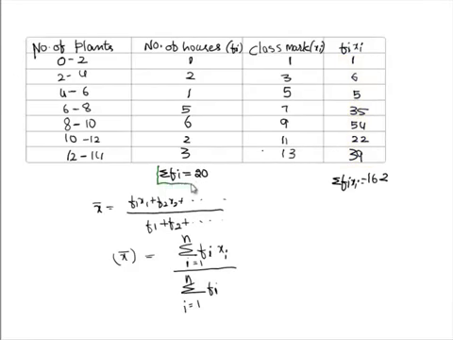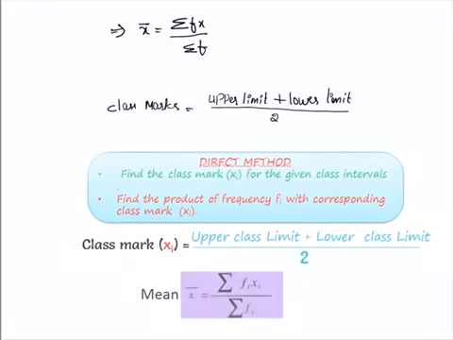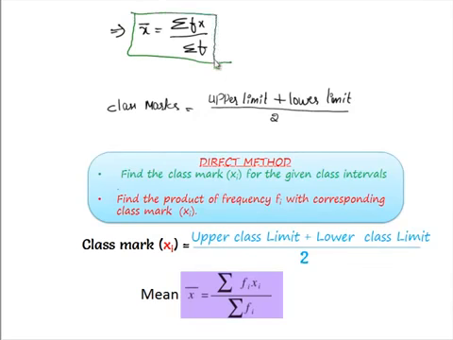Here, as we have the values of sigma fi and sigma fi xi, we shall know the mean. The formula for mean, as we have known, is x bar is sigma fi xi by sigma fi.